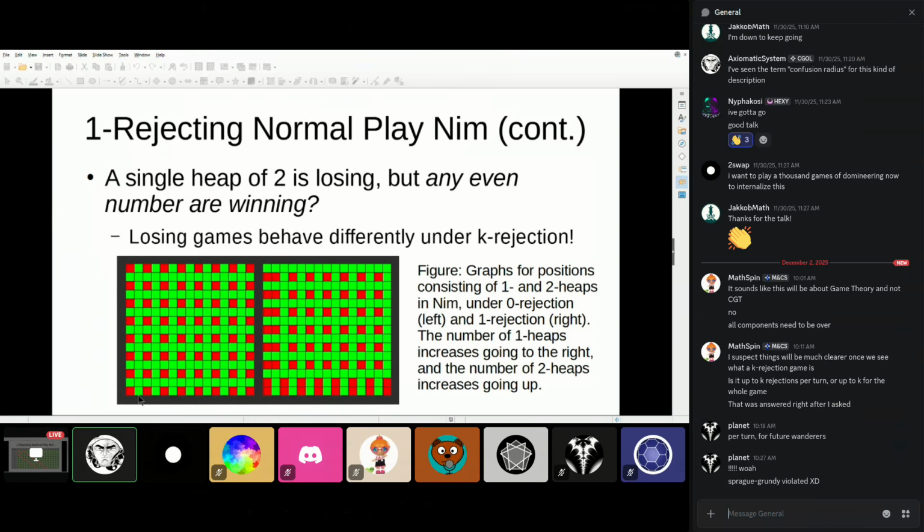On the left, we have 0 rejecting, standard gameplay, and everything is additive. We have this nice lattice. Every position on here, its double is losing. But that's not the case on the right. We have this fringe pattern.